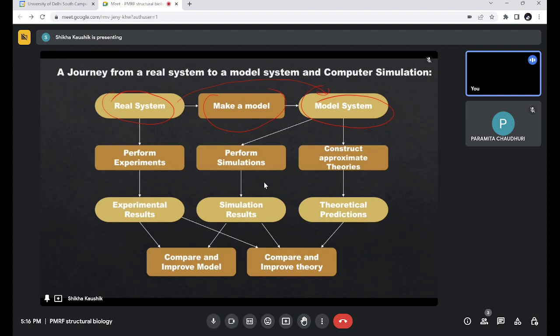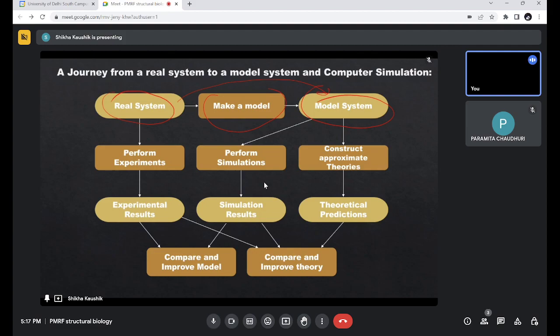Once we have everything in place, we compare our generated model with the real system and with theory, and try to improve our model. We try our level best to take this model towards reality. The more closely we can simulate reality, the better the model.